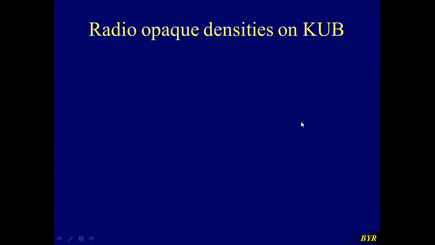Then abnormal radio-opaque densities on the KUB. The most common cause for radio-opaque shadows is urinary stones. Stones in the kidneys, ureters, bladder, urethra, they cast shadows.